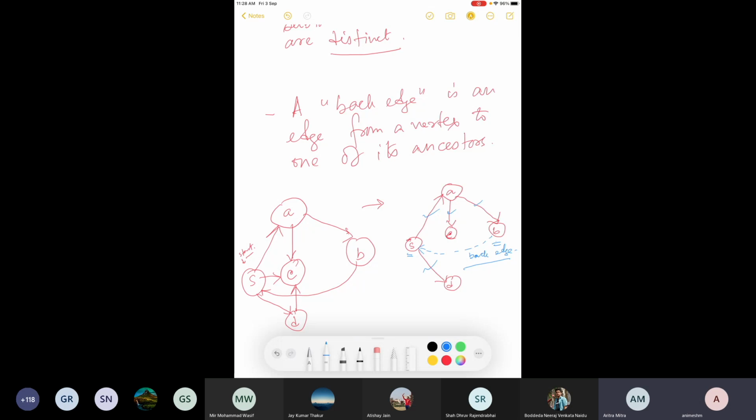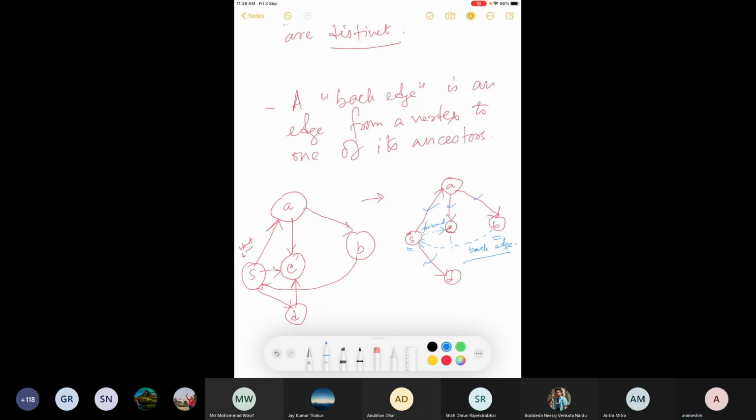Now, what about this edge? A forward edge. Yes, this is the forward edge. And what about the last one? Cross edge.